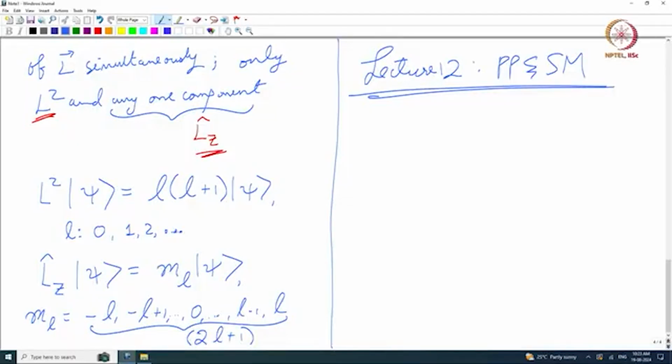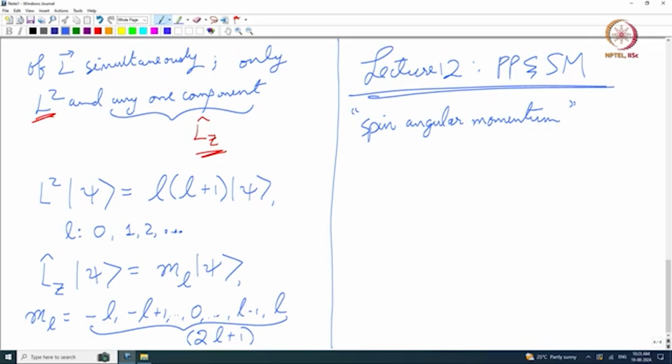Now let us take this further. This quantized version of angular momentum gives rise to another uniquely quantum concept called spin angular momentum, right. We call it spin, but really there is no classical analog.